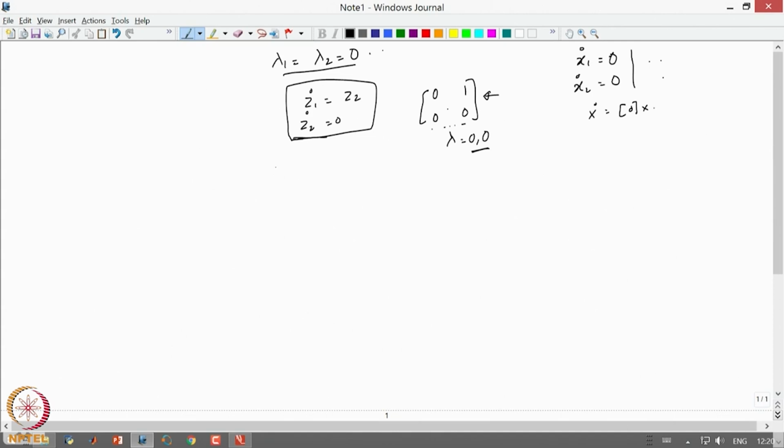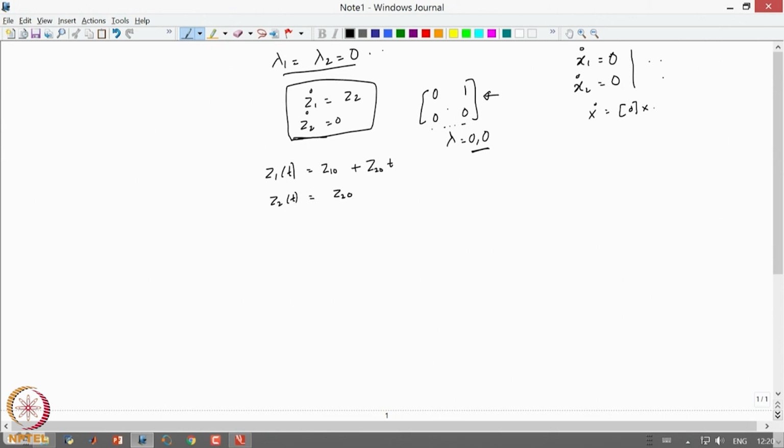So how does the solution look? I will have Z1 of t is some initial condition Z1 0 plus Z2 0 times t, and Z2 of t is Z2 0.